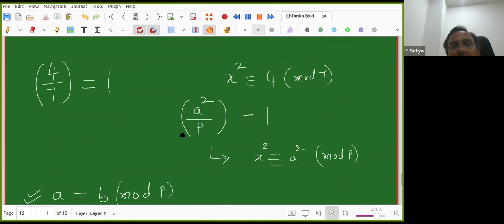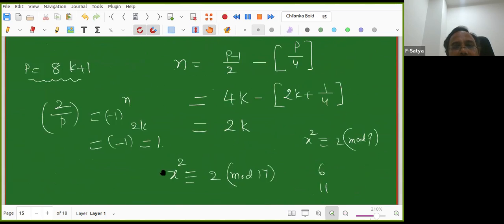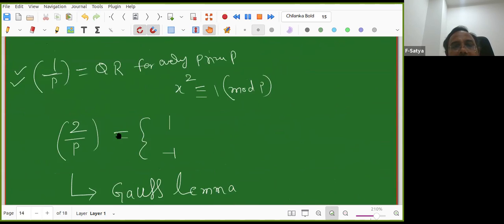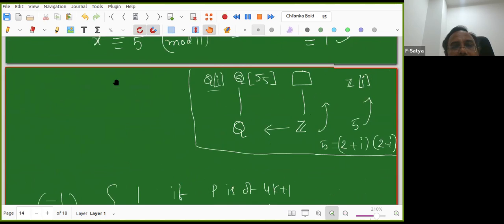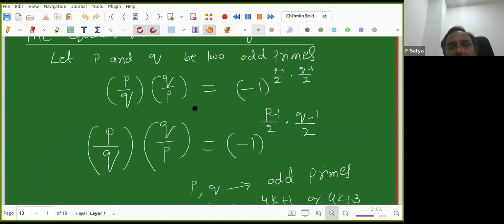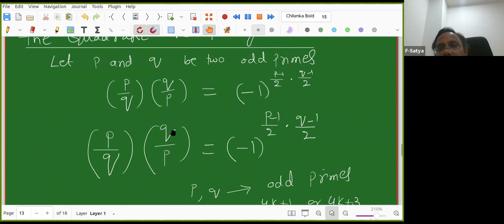So in order to find (p/q), what does the quadratic reciprocity law say? The quadratic reciprocity law says that (p/q) into (q/p) is equal to, yeah, this is the beautiful result. I wrote it twice. Here p and q are two odd primes.